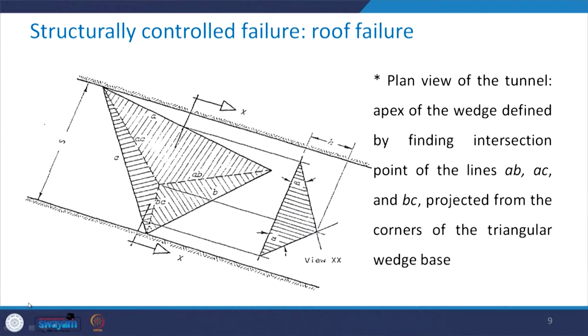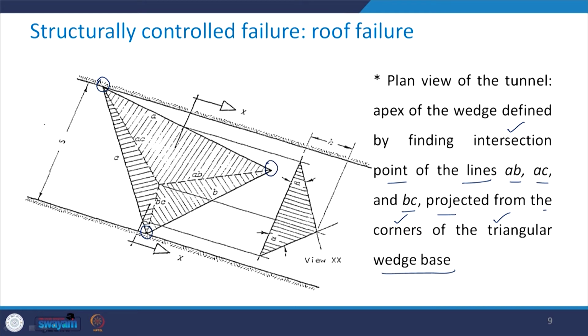So, the plan view of the tunnel gives us the idea about the apex of the wedge, which is defined by finding the intersection point of the lines AB, AC and BC, which are projected from the corners of the triangular wedge base. Now, we already have obtained this triangular wedge base and three corners of this.